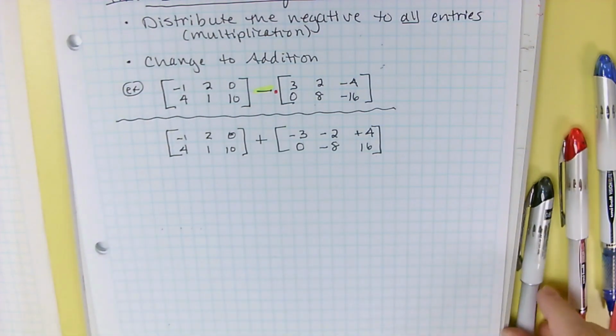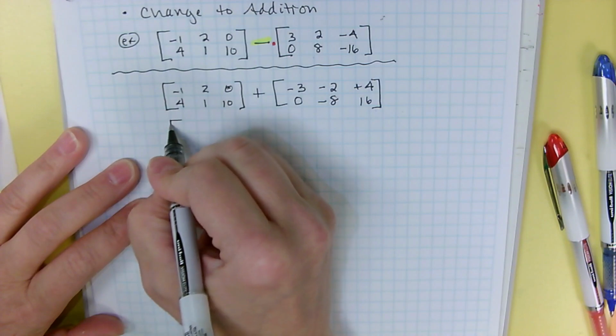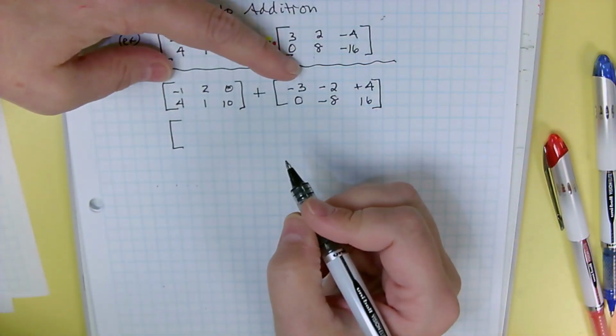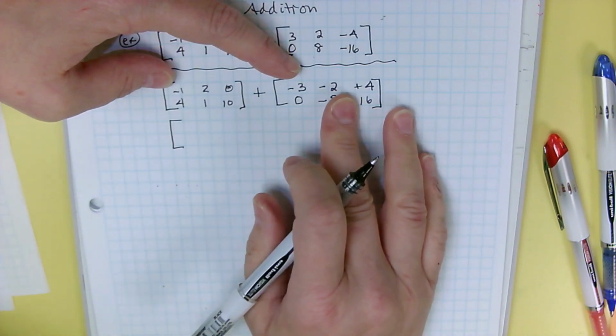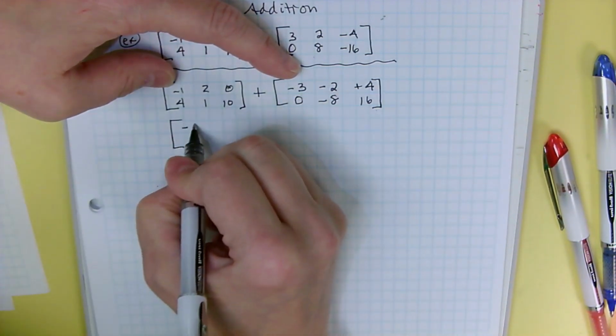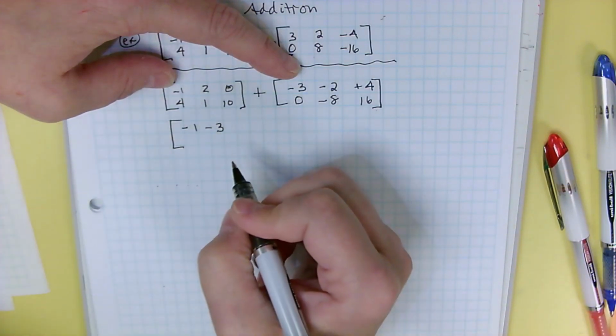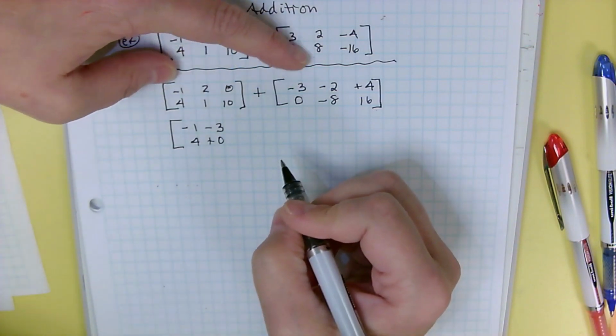Okay, so now this becomes just like addition. You're going to put together matching positions. So this is addition, which means none of these will change. So you don't have to use double signs. You can just put what signs are here. So we have -1 minus 3. Now go down, 4 plus 0.